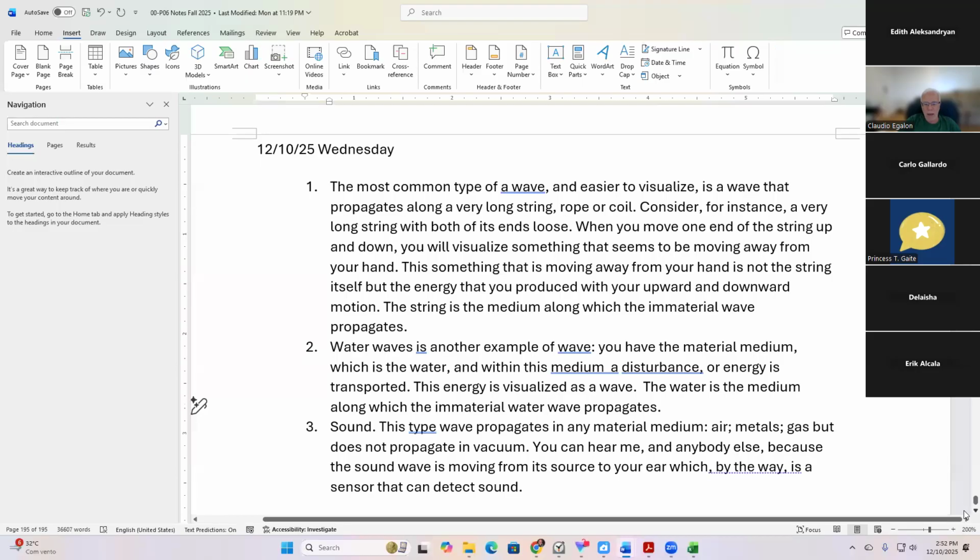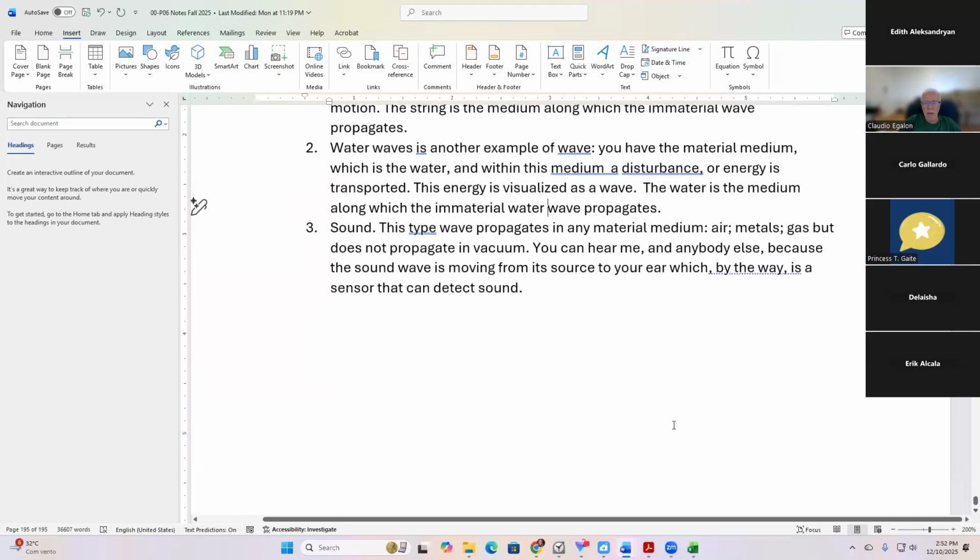Sound. How does sound propagate in a medium?